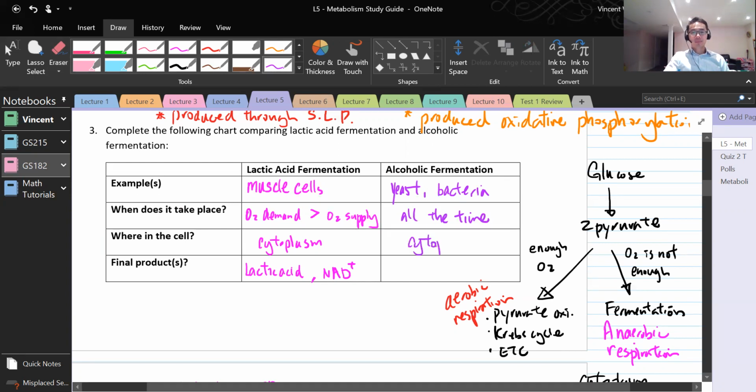Also the cytoplasm. The final products include carbon dioxide. If you bake with yeast, the carbon dioxide helps your dough rise. It will create ethanol as well. That's how we make drinking alcohol through fermentation. And it will also create NAD+.